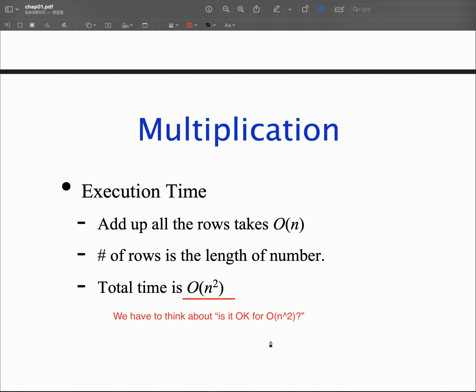At this time, big O of n squared is fine, but maybe we have to think about whether there is any faster way to calculate the multiplication.